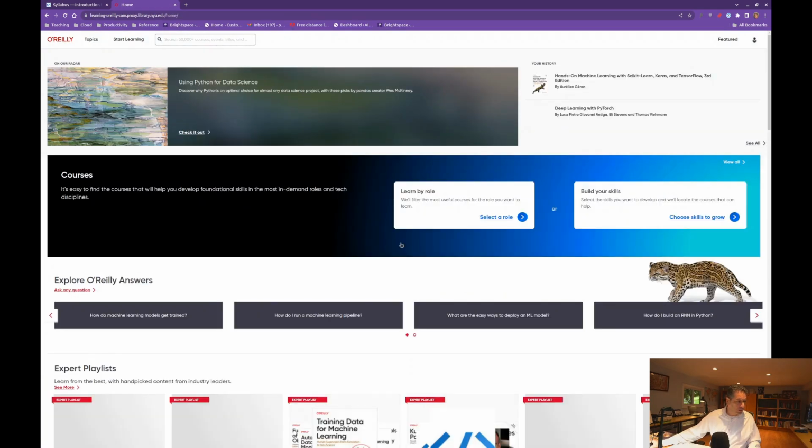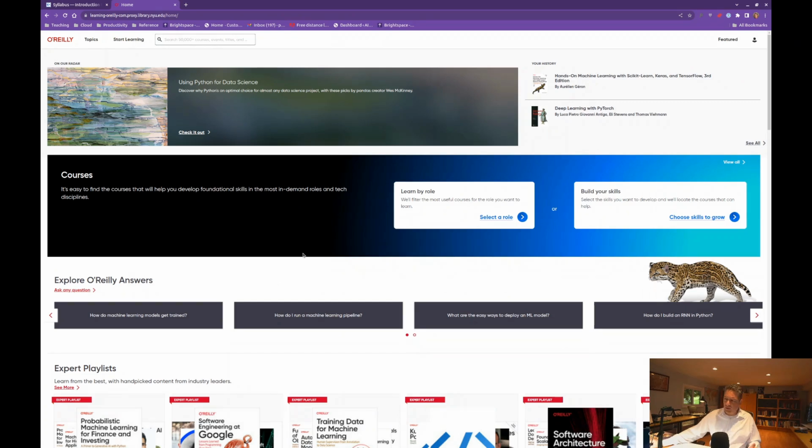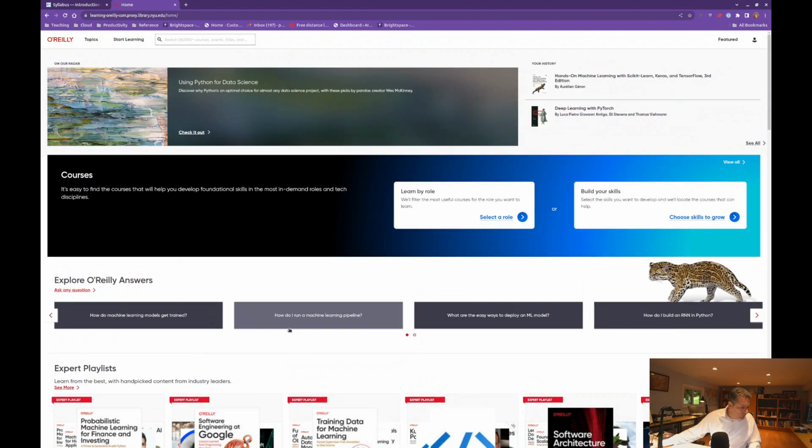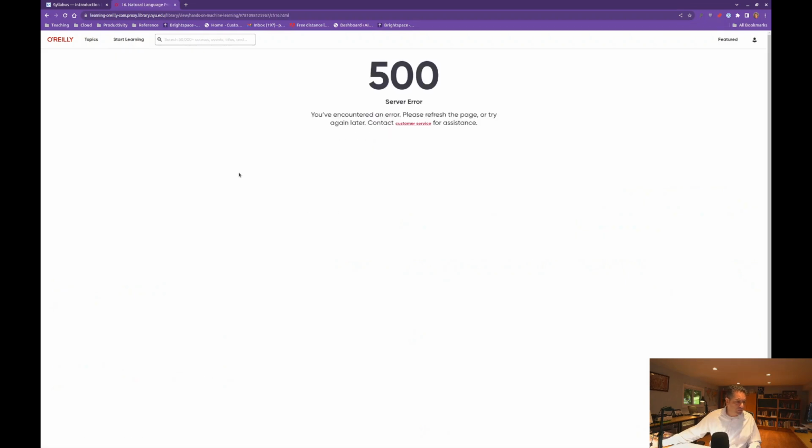The O'Reilly Learning Platform literally has thousands of books and all sorts of books, especially with respect to computer science, programming, hands-on books, but also some others. And we are looking at the book called Hands-on Machine Learning with Scikit-learn, Keras, and TensorFlow.